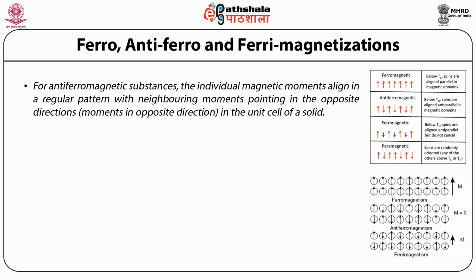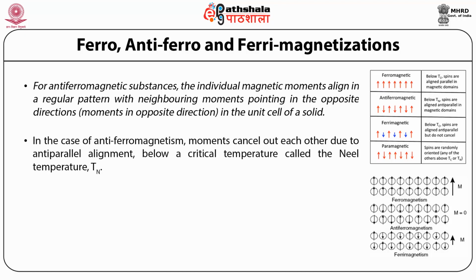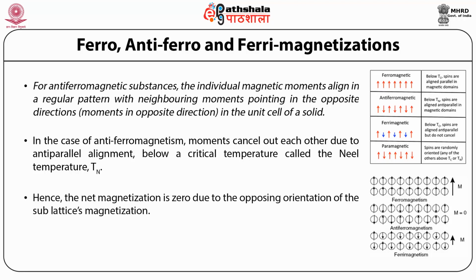In the unit cell of the solid, in the case of antiferromagnetism, moments cancel out each other due to anti-parallel alignment below a critical temperature called Néel temperature, Tn. Hence, the net magnetization is zero due to the opposite orientation of sublattice magnetization. Antiferromagnetic materials are like paramagnets above Tn.